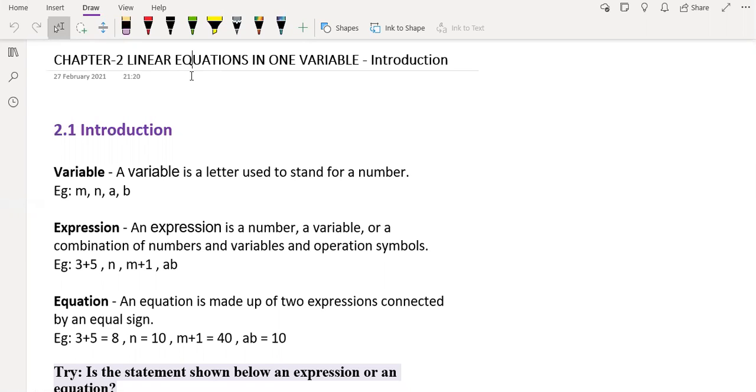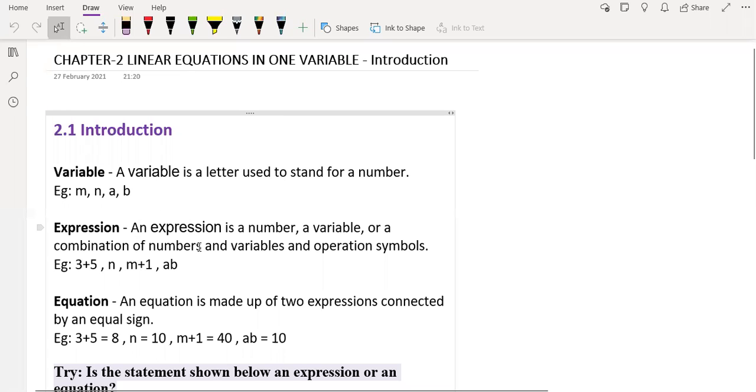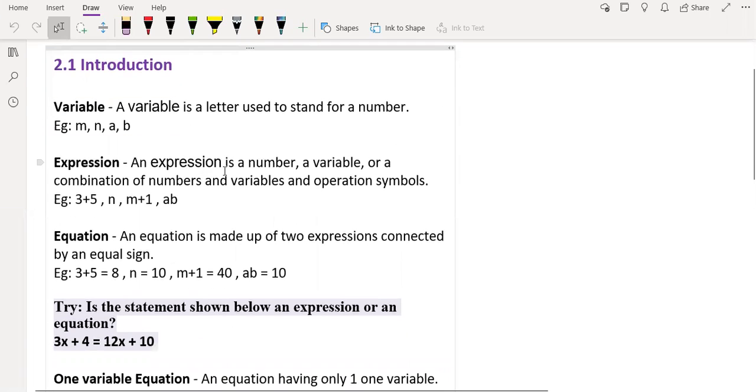And we move on to the next, that is expression. So what is an expression? An expression is a number, a variable, or a combination of numbers and variables and operation symbols. Okay, so as it is actually very clear from this definition, it can be a number, like for example 3. 3 can be considered as an expression or a variable. As we saw, this A is a variable here.